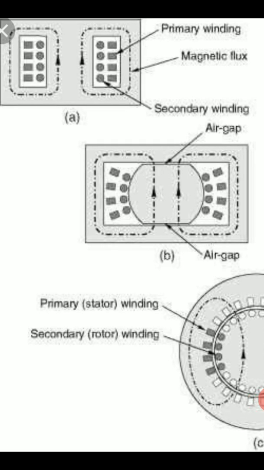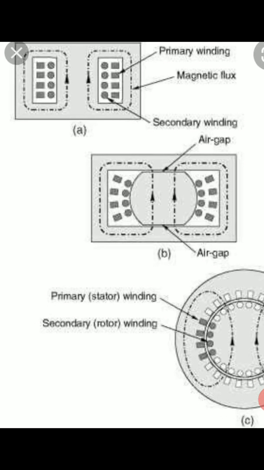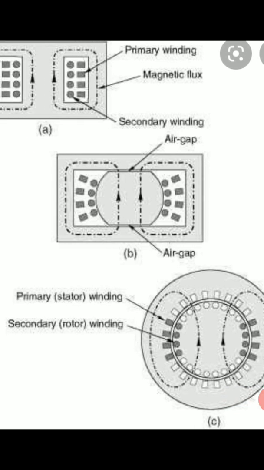The primary produces flux, and this flux links with the secondary winding across the air gap. We can call this a rotating transformer, with the stator as the primary winding and the rotor as the secondary winding. Due to the induction principle, the voltage is induced in the rotor winding, so we can call the induction motor a rotating transformer, right?